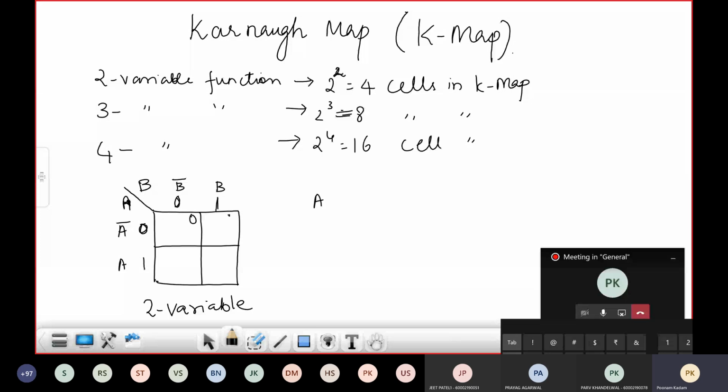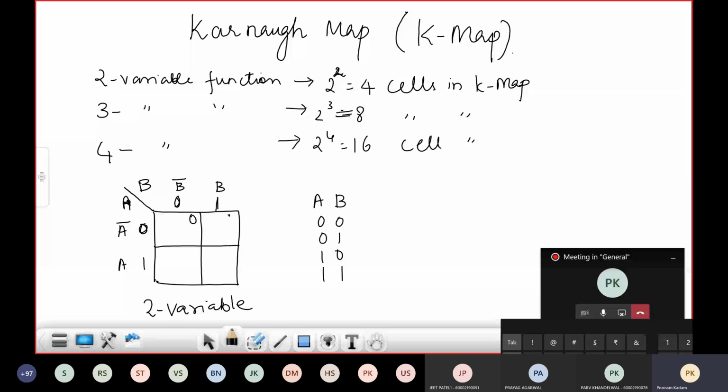If your truth table has columns A, B, how many combinations do you have? 0, 0, 0, 1, 1, 0, 1, 1, right? The truth table has 4 rows, and each row corresponds to a unique min term. The first row is min term 0, the second row is 1, the third row is 2, the fourth row is 3, right? That is what we are trying to do, associate each cell with a unique min term.